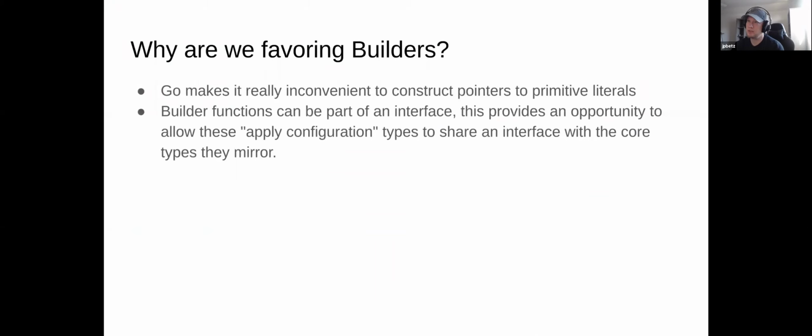I am currently favoring the builder approach. I am not in love with either of these approaches, but I will at least make an argument for it. I think having to construct the pointers for primitive literals is really inconvenient. And there's one advantage to the builders, which is functions can be part of an interface.